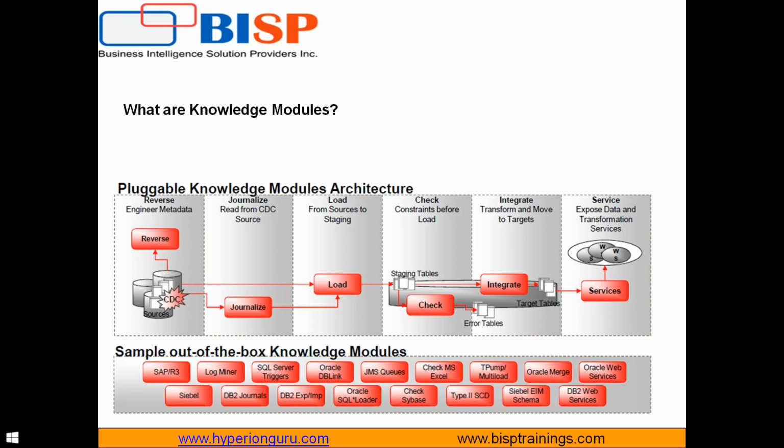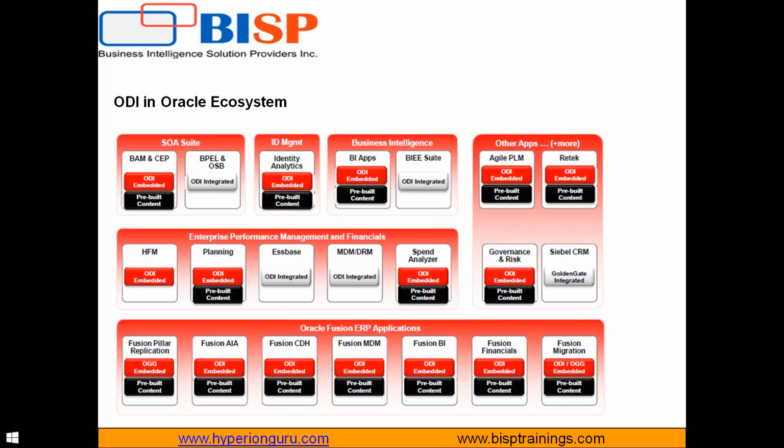On what business scenario and what technical scenario we are going to use a particular kind of KM, and how to get into the step-level detail of the knowledge module. What a knowledge module means, and whether it is possible to edit the knowledge module. All those things we discuss in this course.